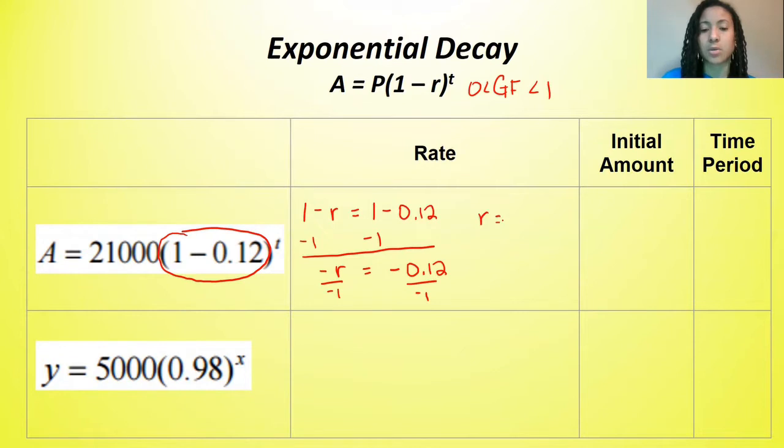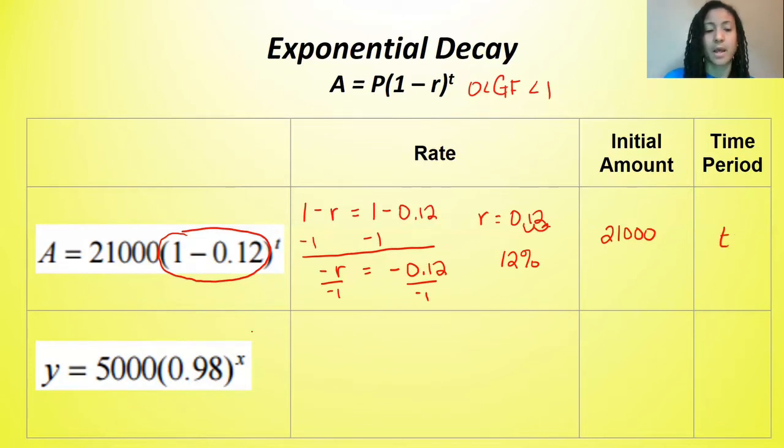So r is equal to 0.12. Once again, we must have a percent when we talk about rate. So we move it 2 places to the right, and that gives us 12%. Our initial amount is 21,000, and our time period is T.